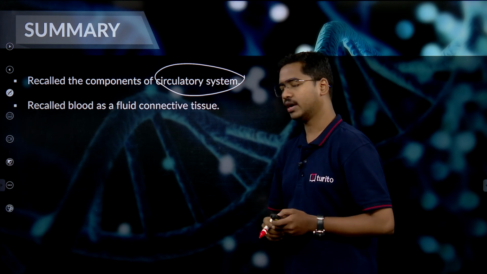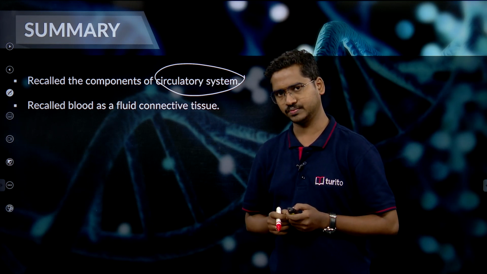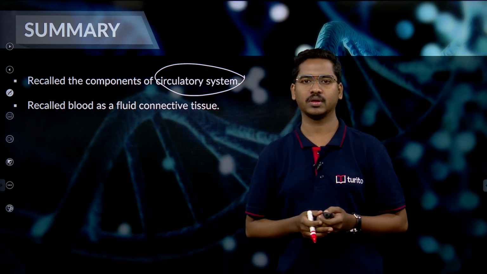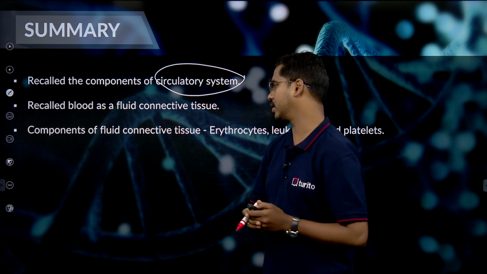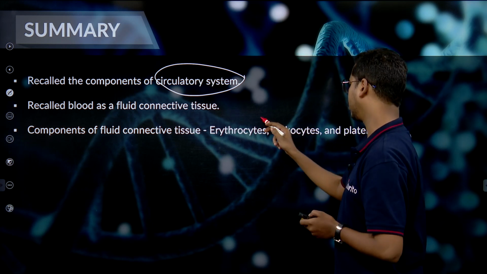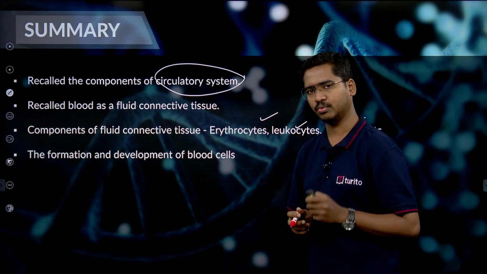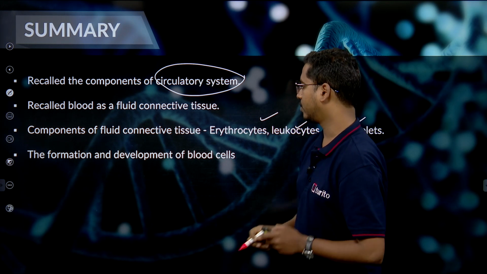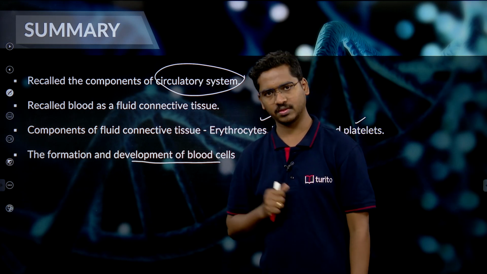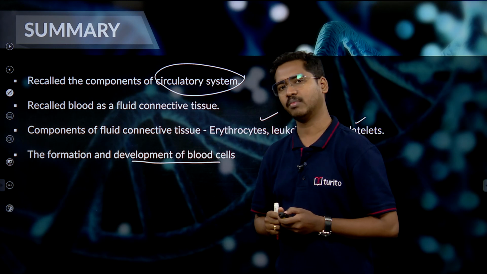Following which, we understood that blood is a fluid connective tissue, a tissue mainly involved in connection. The components of this fluid connective tissue are erythrocytes, leukocytes and platelets or thrombocytes. We saw the formation and development of the blood cells, that is, hematopoiesis is the process which leads to the formation of the blood.